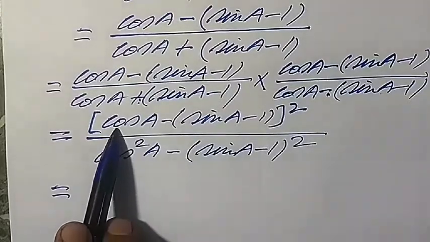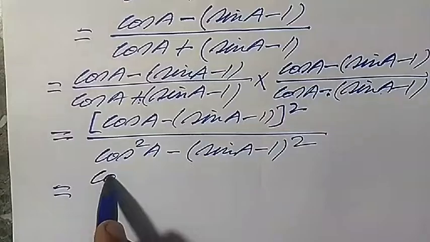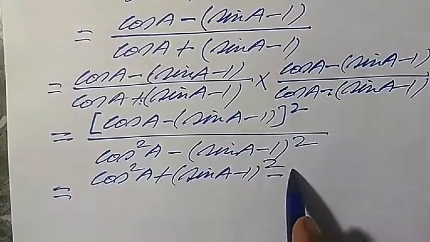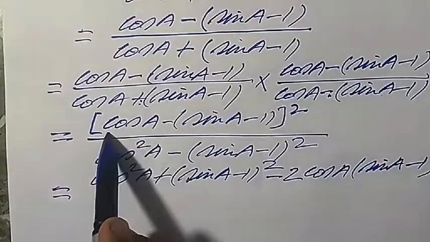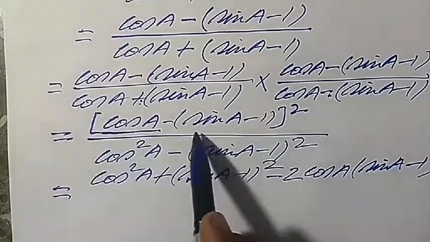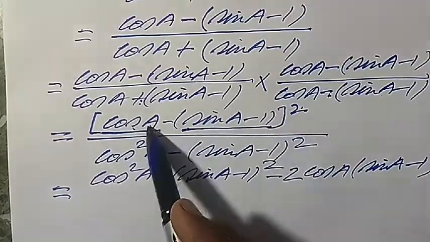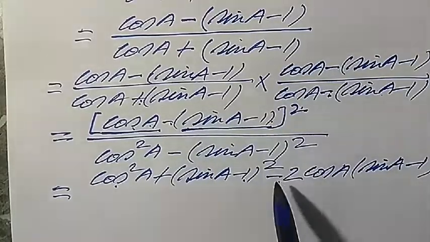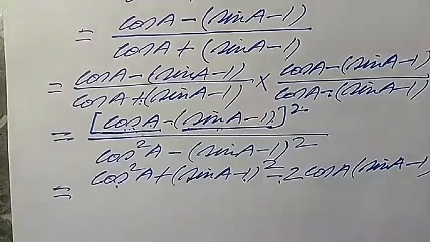Now opening this expression by A minus B whole square, because we had taken this term as A and this term as B, A minus B whole square will be A square plus B square minus 2AB, that is twice the product of these two.